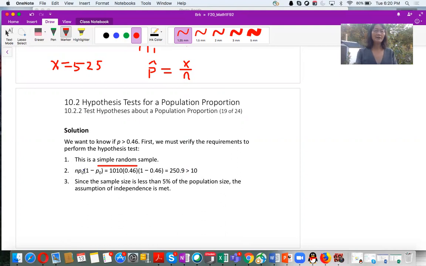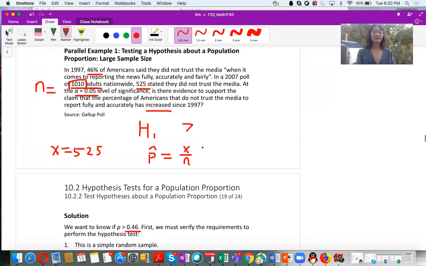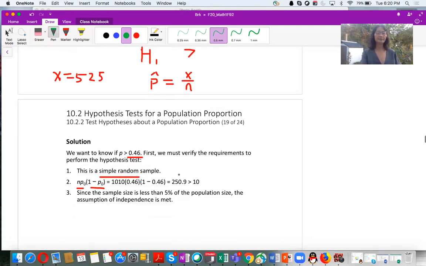The second one, sample size N times P0 times 1 minus P0, where P0 is 0.46, the hypothesized population proportion, 46%.